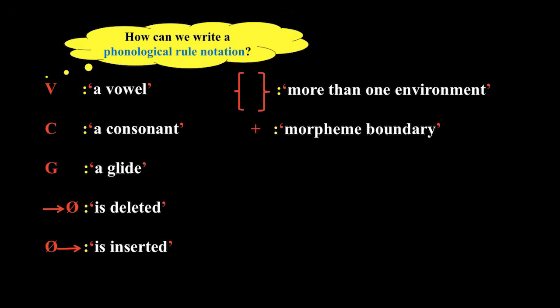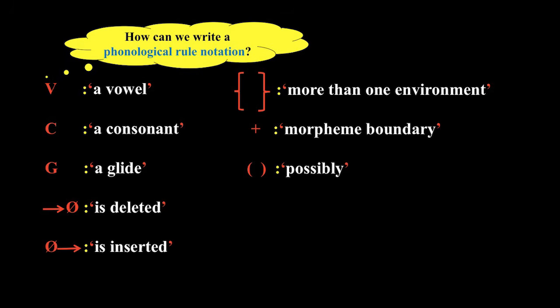And we use the plus to refer to a morpheme boundary. Also, we use the parentheses in order to refer to possibly. If you want to say possibly, for example, if there is a C inside the parentheses, we say that possibly there is a consonant. But if there is a V inside the parentheses, that means there is possibly a vowel.